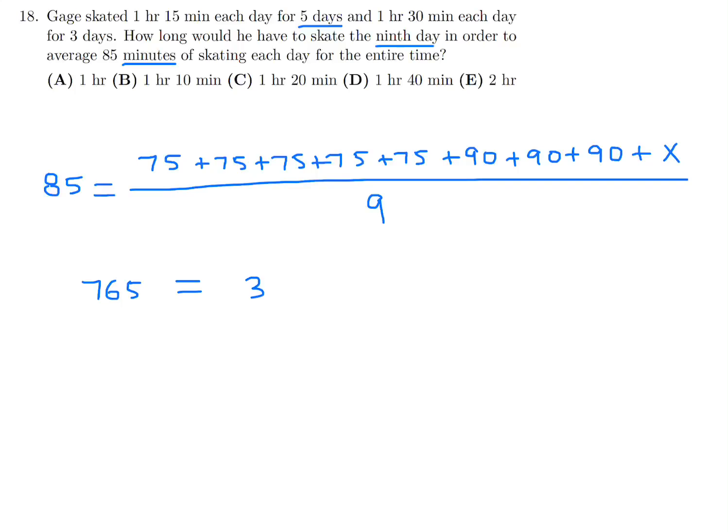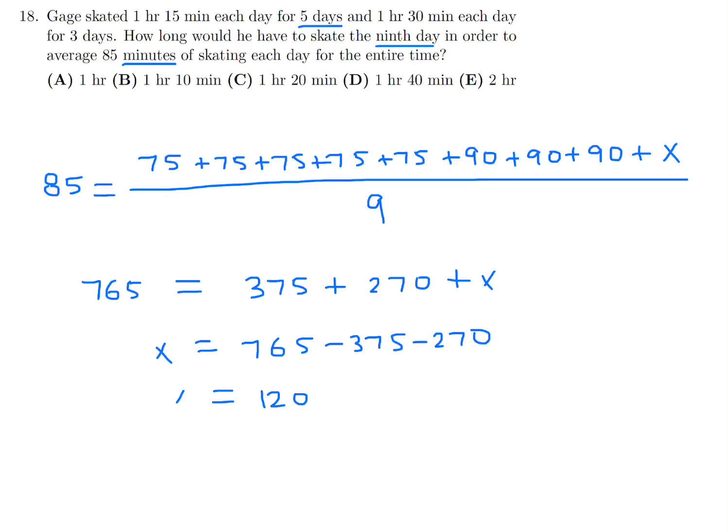Looks like 375 plus 270 plus X, so X is going to be 765 minus 375 minus 270, which is 120 minutes. And 120 minutes, so let's see which of the answer choices. That's 2 hours, correct? So 18 is E.